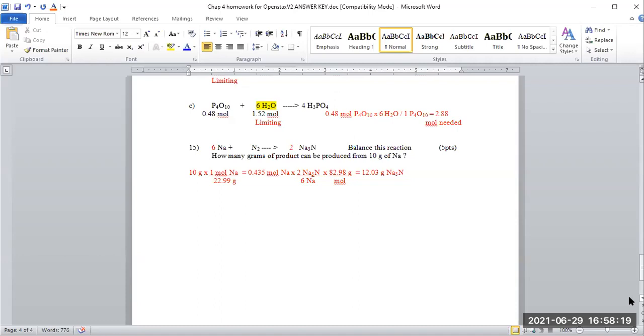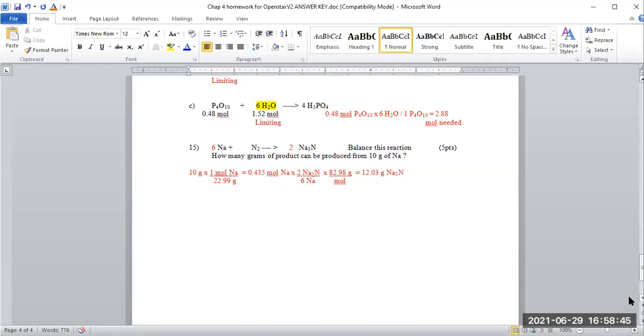So 6 sodiums and 1 molecule of N2 gives you 2 molecules of Na3N. So first step, from grams to moles, divided by 22.99. I got 0.435 moles.